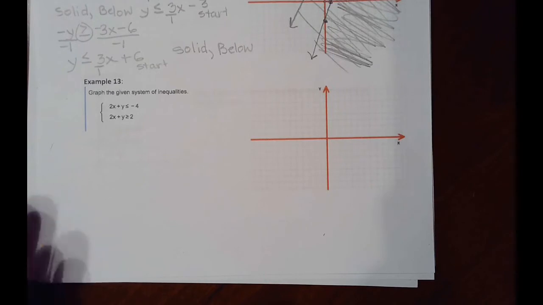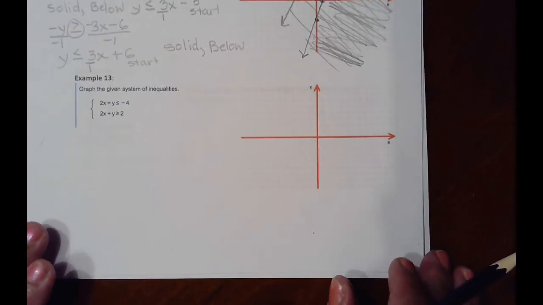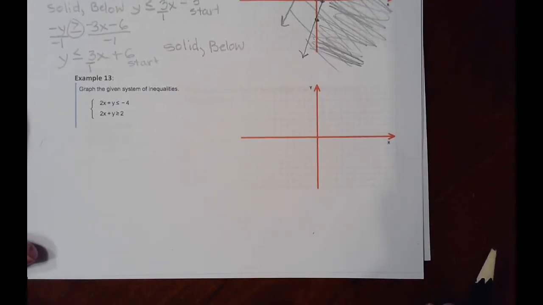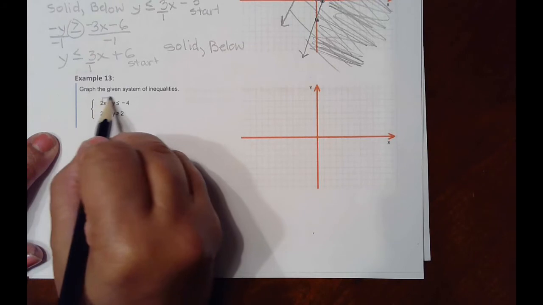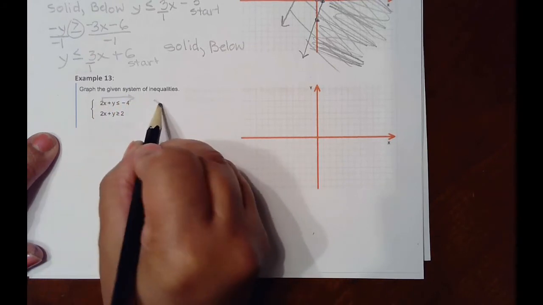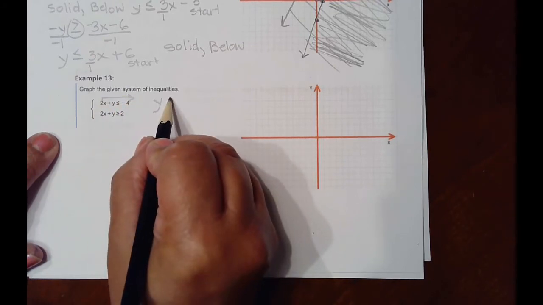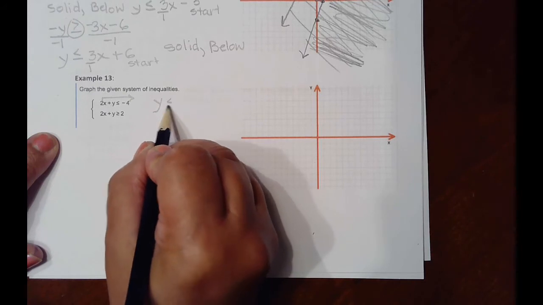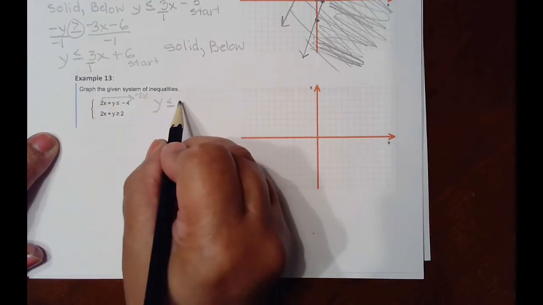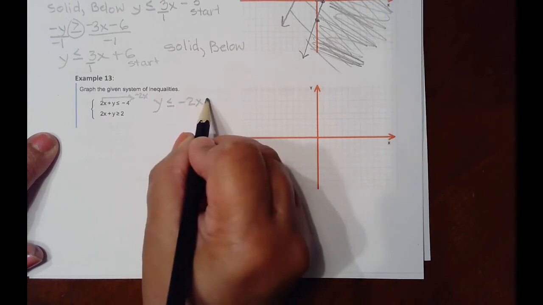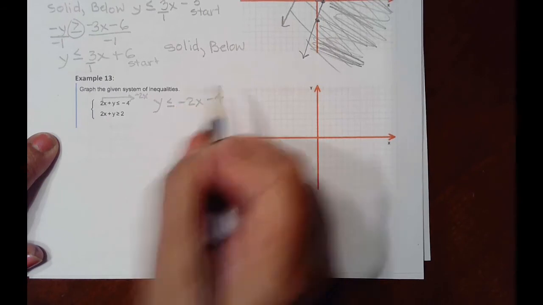Okay, example 13, graph the given system of inequalities. Okay, let's see what happens with this. We're going to pull the 2x over here. You get y is less than or equal to negative 2x, since the 2x becomes negative 2x when it jumps to the other side, and there's a negative 4 over there.